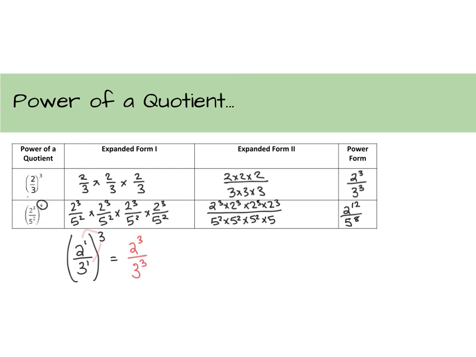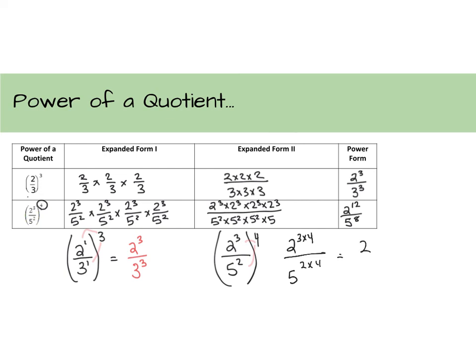Now let's see if it works in our other example. 2 exponent 3 over 5 exponent 2, all to the exponent of 4. Again, we're going to do that multiplication here and here. So we have 2 exponent 3 multiplied by 4 over 5 with an exponent of 2 multiplied by 4.